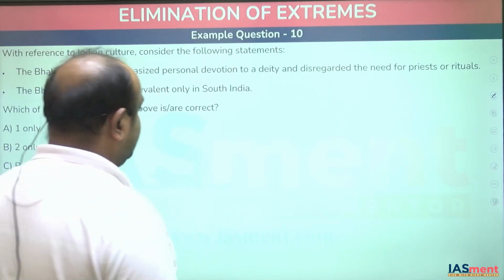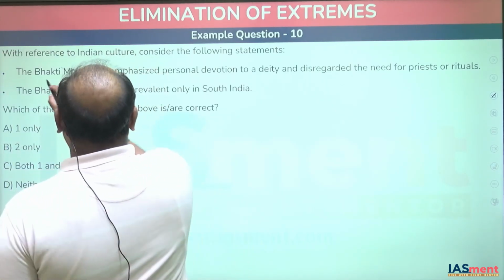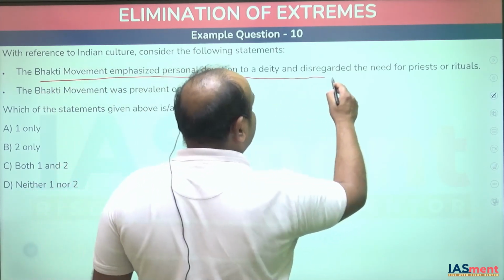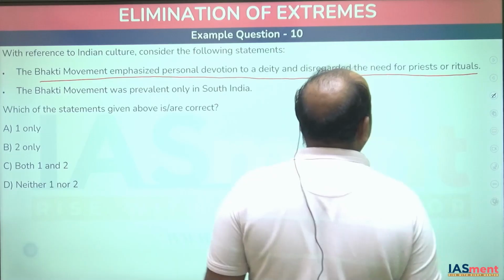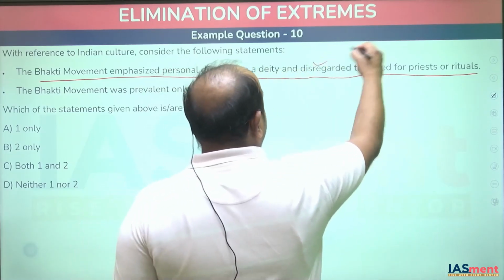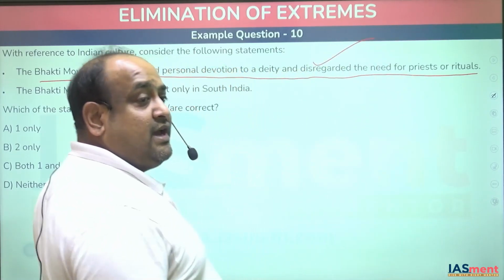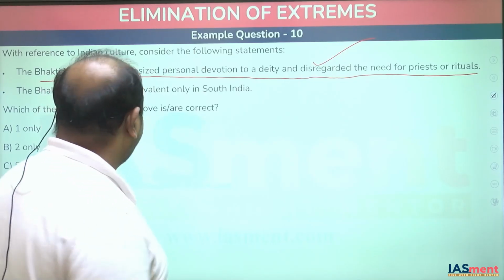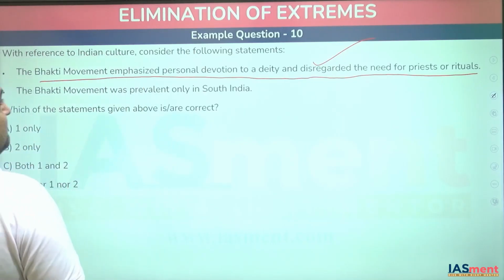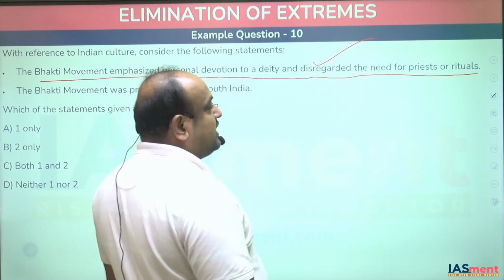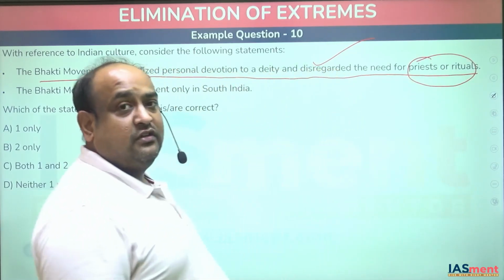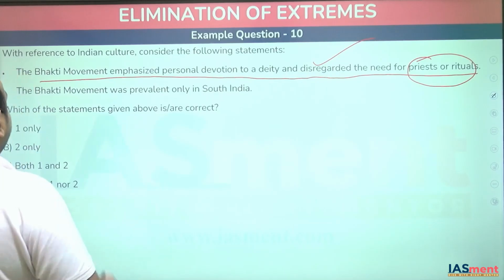Bhakti movement emphasized personal devotion to a deity and disregarded the need of priest and ritual class. Yes, this statement is correct. As we all know, this is the basic feature of Bhakti movement, right? Bhakti movement was against priests and rituals. ठीक है?